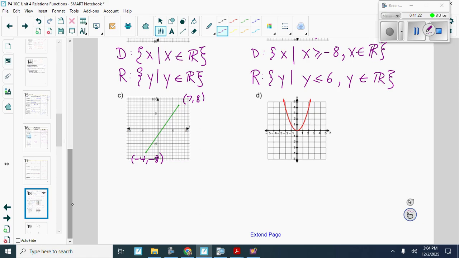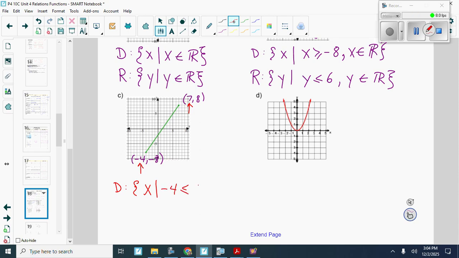So when we're dealing with our domain, we're going to be looking at the x values. The way that we've written it, we've just shown you where your two limits are for x. It has to be between -4 and 7. So your domain is x such that, and you always write the lower limit first. So your lower limit is -4.